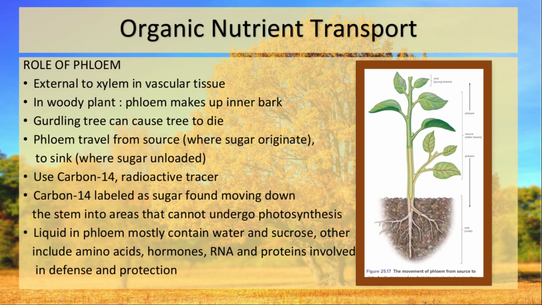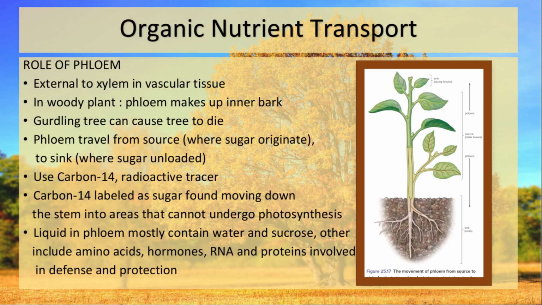When carbon-14 labeled carbon dioxide is applied to mature leaves, in this case the source, the radioactively labeled sugar is soon found moving down the stem and into areas that cannot undergo photosynthesis, like the roots. So in this case the source is the mature leaves and the sink is the roots.